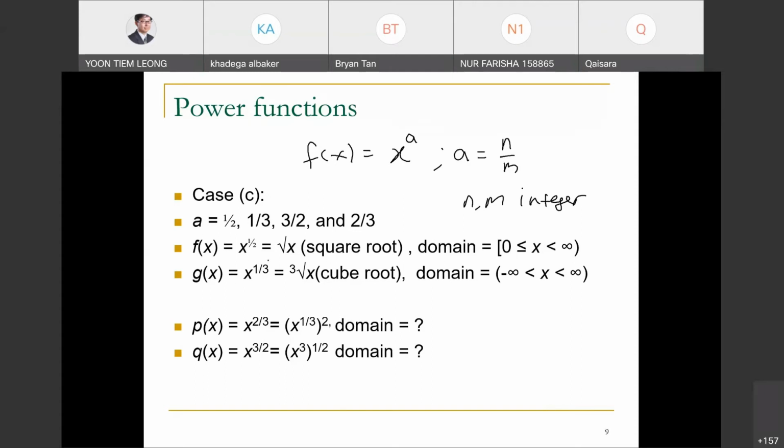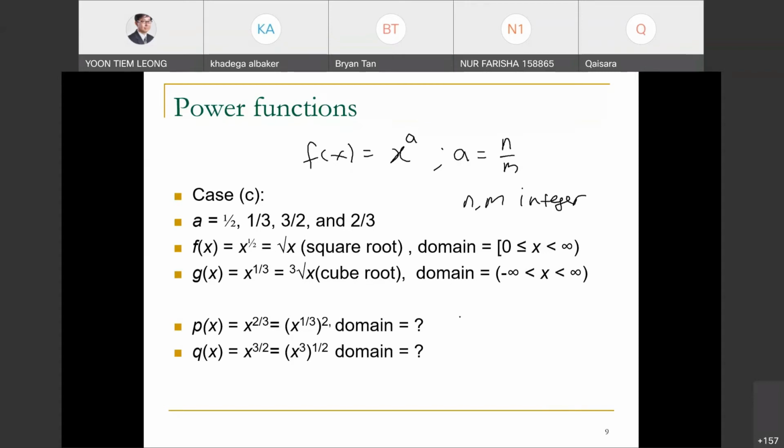Whereas if you raise x to the power 1 over 3, then the function is defined for all values of x. Okay, so if you look at this situation, x raised to 2/3, this could be understood as x raised to the power 1/3 and then you square it, right?